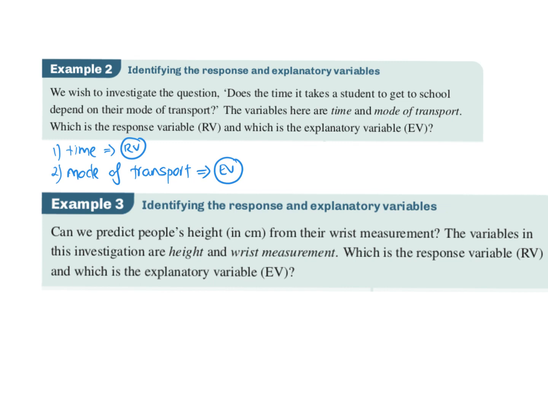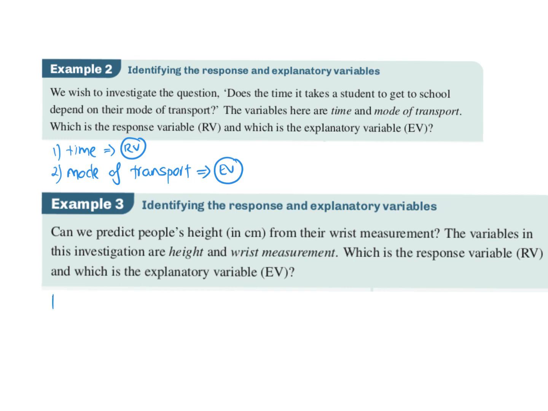The next one says, can we predict people's height in centimetres from their wrist measurement? The variables in this investigation are height and wrist measurement. Which is the response and which is the explanatory variable?